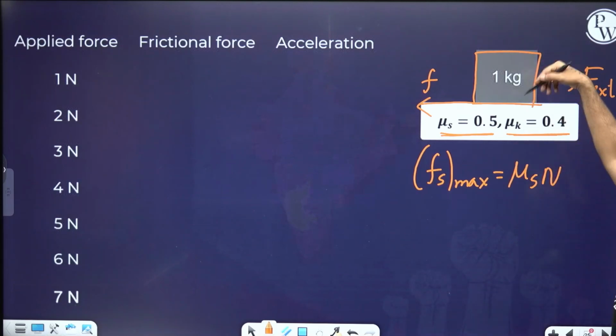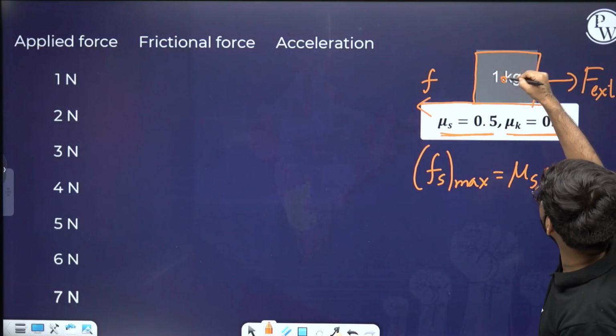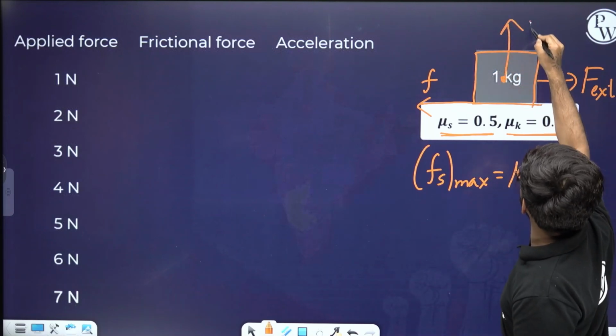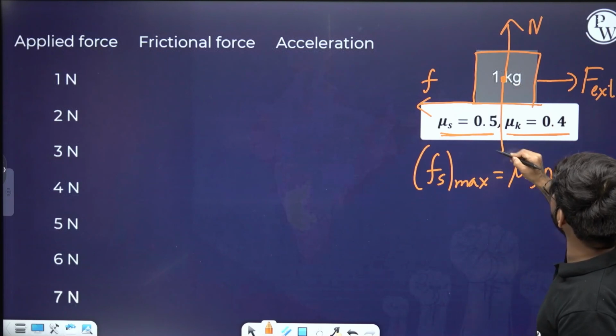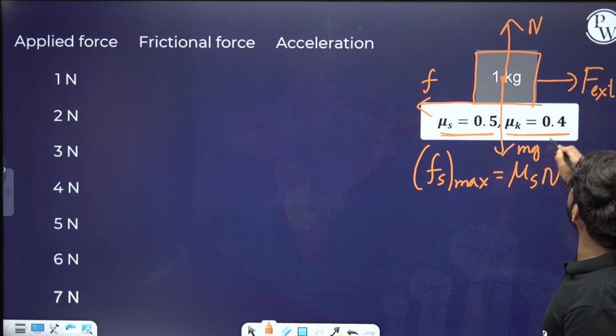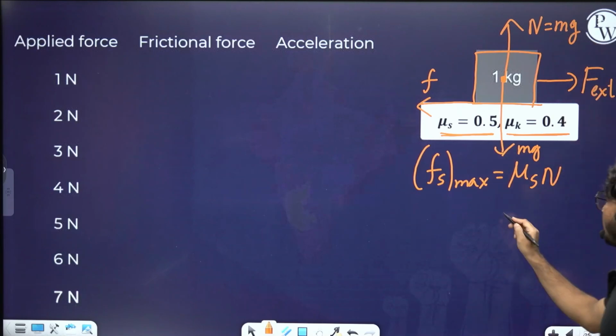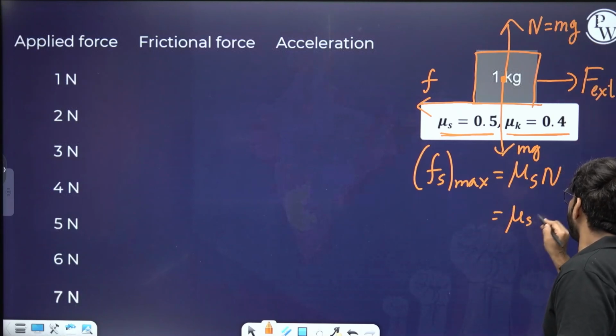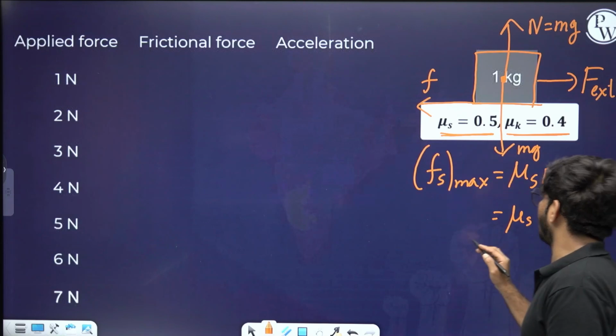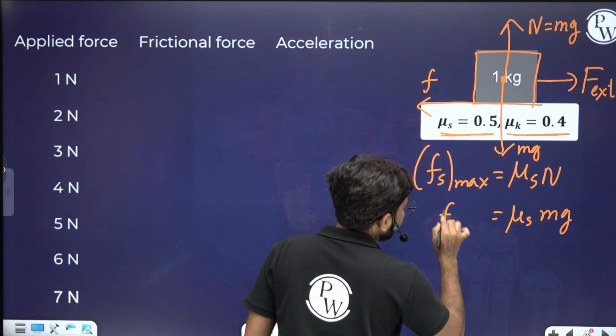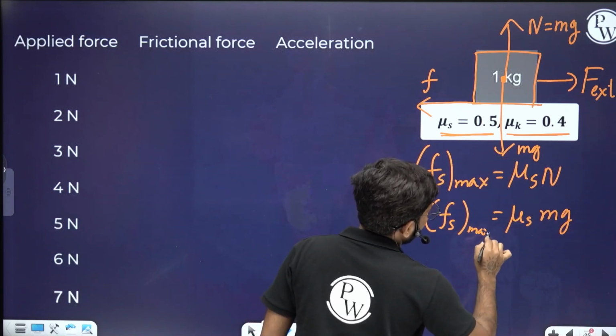But in the y direction, since the block is in equilibrium, we can say n is equal to m into g. So this Fs max is mu s m into g. What is the value going to be?